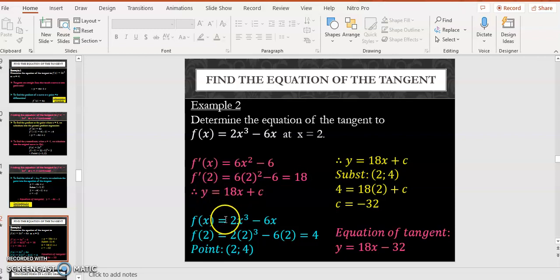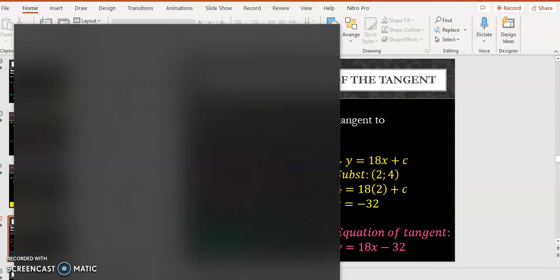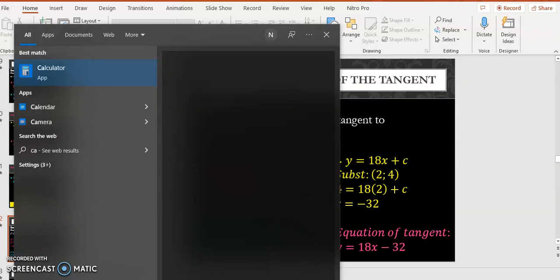So we have to substitute the value of x into f of x. So x is 2. If you substitute, you have 2 exponent 3 minus 6 times 2, which will give you 4. How do we press this on the calculator? Let's get our calculator.